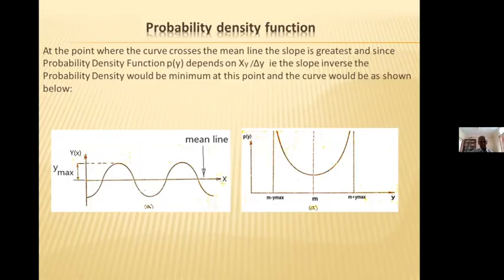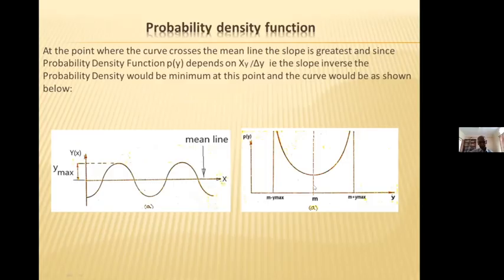It's quite simple to understand because the slope is 0 here and the slope is 0 here, so it must be maximum here. And hence, the probability density function, without doing any mathematical calculation, we can say would be minimum at the mean point.